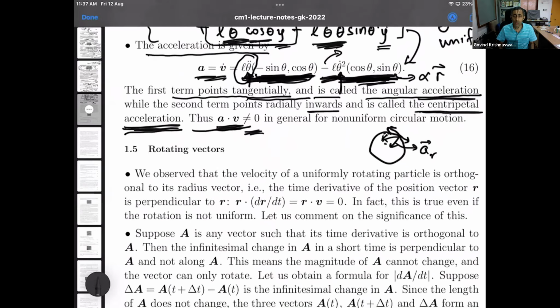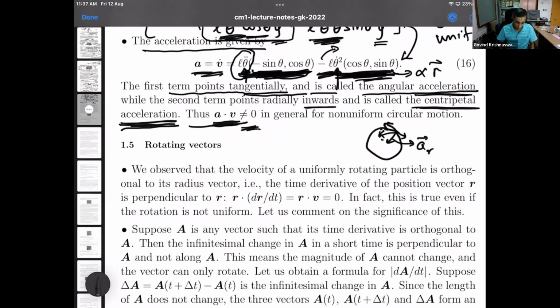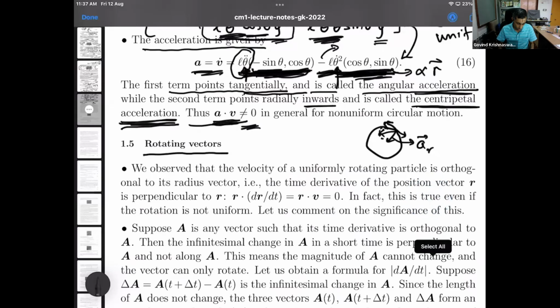Okay, so now I just want to make some general comments based on our previous discussion. This is concerning the rotation of vectors. Very briefly, there are many aspects to this issue. So let me just recapitulate.